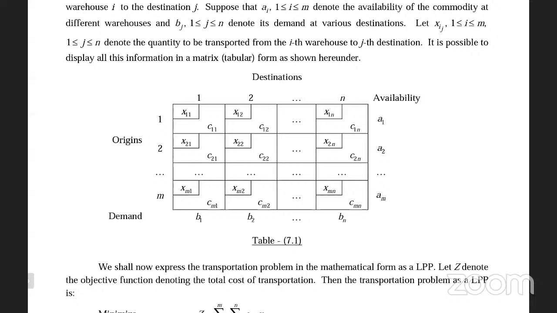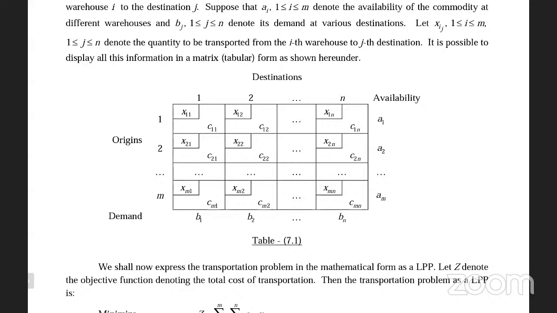So what is the requirement of availability we need? Before that, I have to collect and put it into production. That production will then come to the market, and I have to distribute it to the destinations, the various places. Then it automatically goes from origin to destination distribution centers. If we distribute, how much cost is incurred?